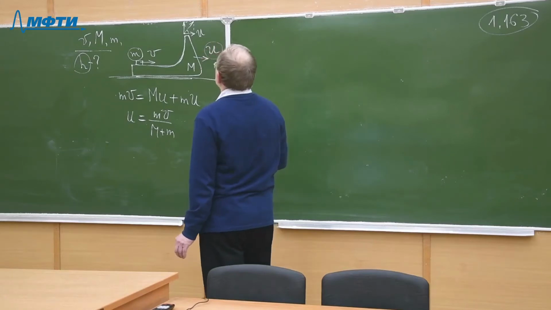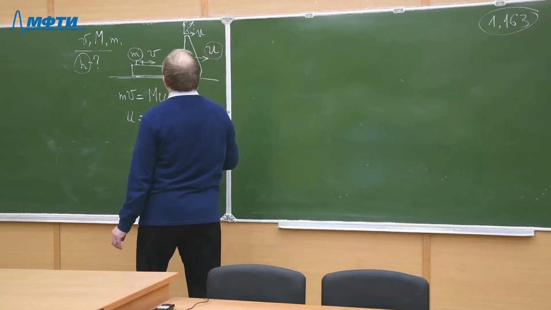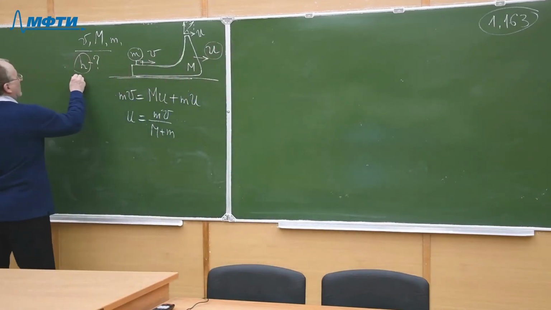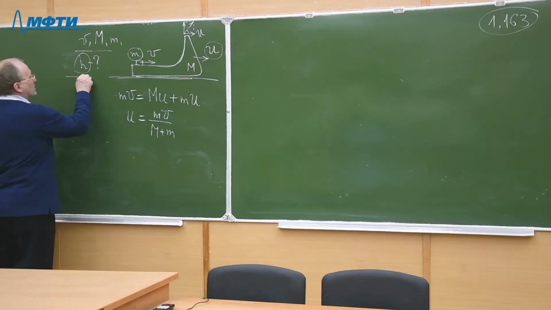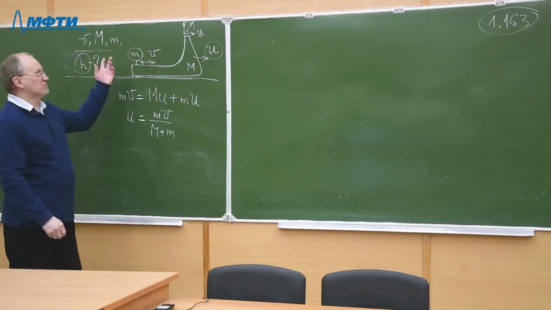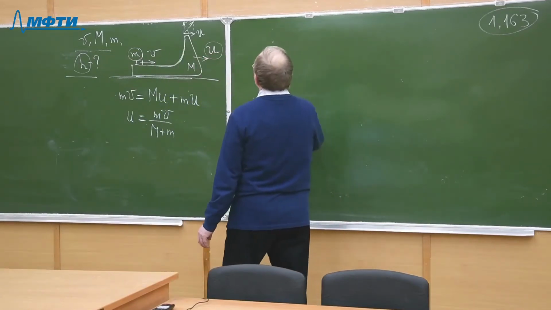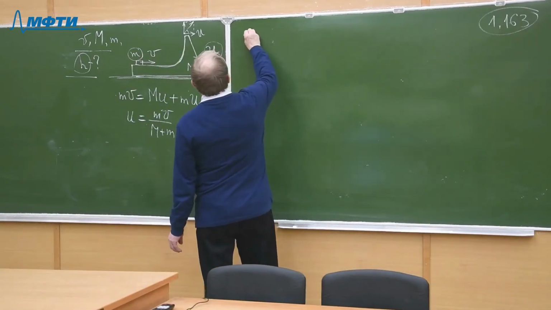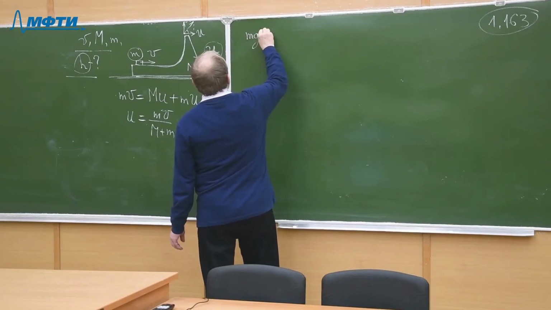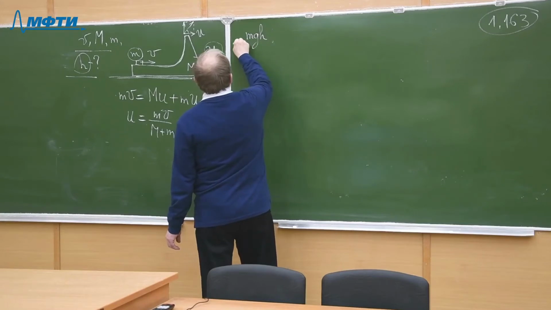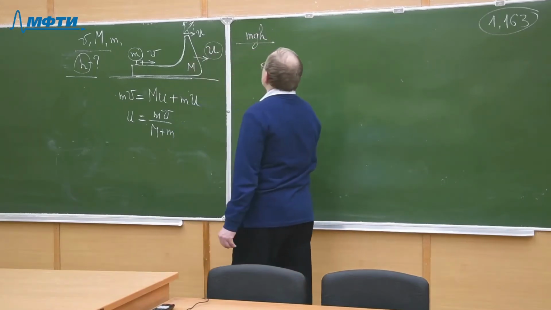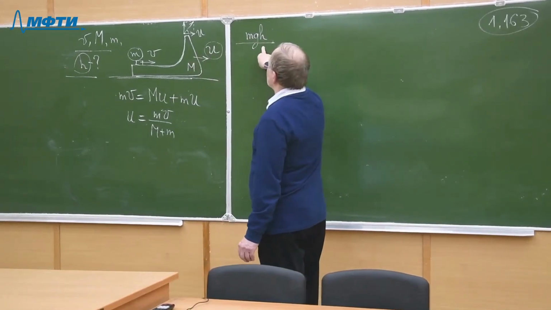We will choose the final point, the maximum height of motion of the small body. The final energy will be small body mass mgh. That will be the final potential energy of the small body.